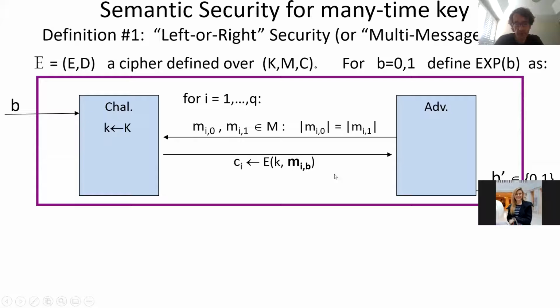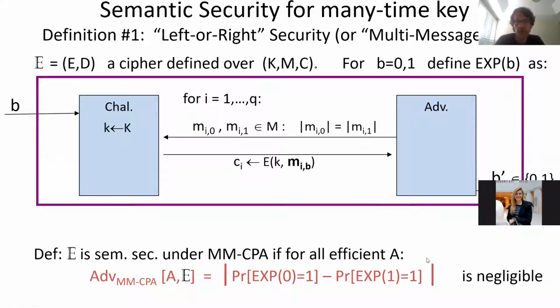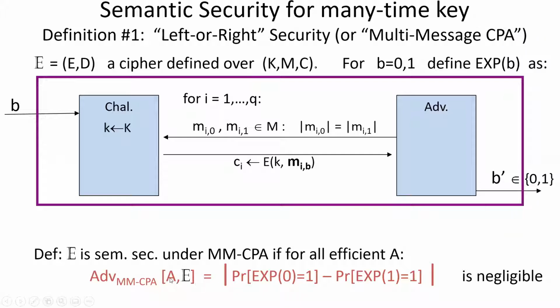And as before, we are going to say that the encryption is secure if the advantage in the multi-message version of the CPA game, which is defined as the correlation between b' and bit b, is small. So it is the probability that the output of the purple box is 1, given that the input of the purple box was 0.